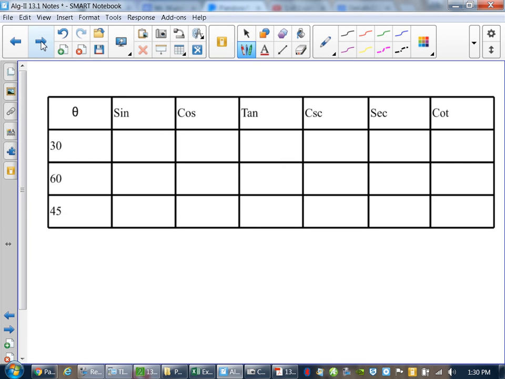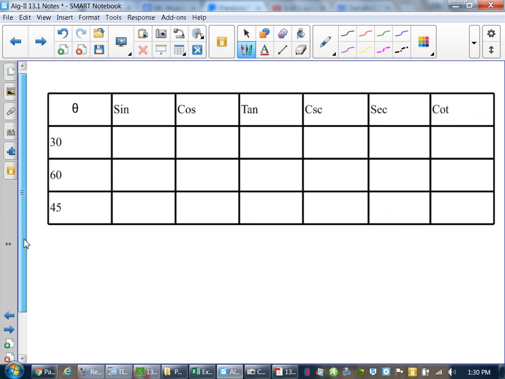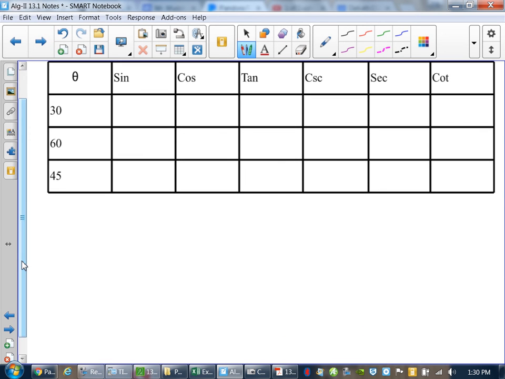But one thing I want to show you guys is how the 6 trig functions come into play for the special triangles. To be honest with you, these 3 angles are the ones that are going to do everything once we get rid of our calculators.